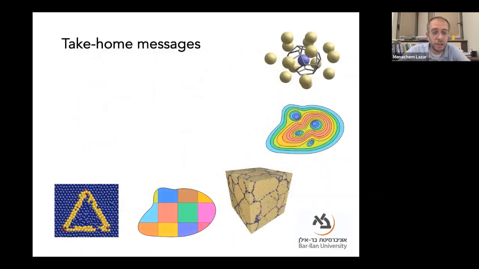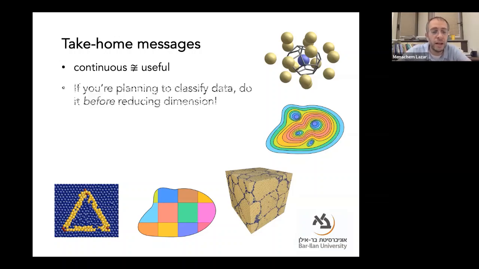Okay, so let me just end with a few take-home messages. One is continuous does not always mean useful. Okay, a continuous function. I tried to highlight not just the practical problems, but the fundamental problems that any continuous function will have. If you're planning on classifying data, doing segmentation, I think you should do it before reducing the dimension.